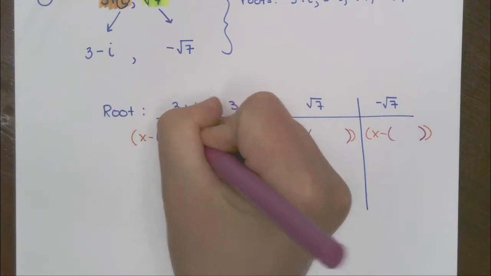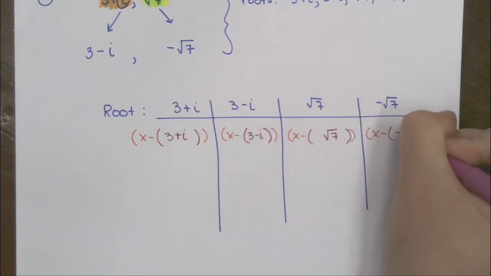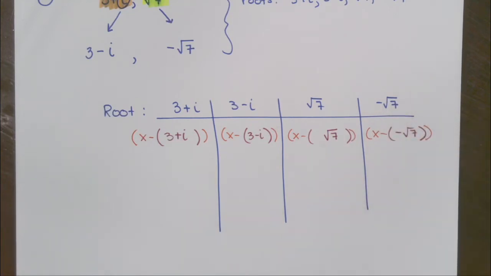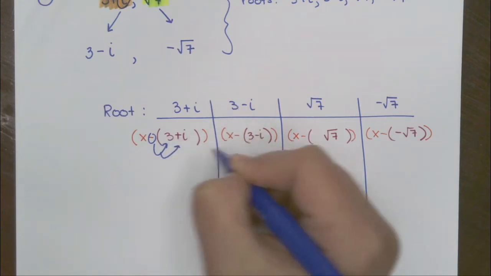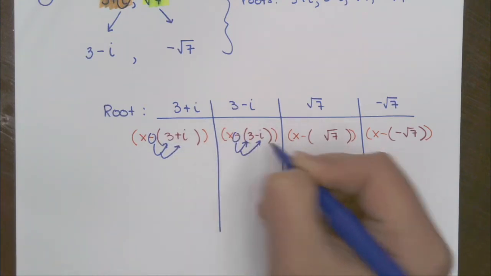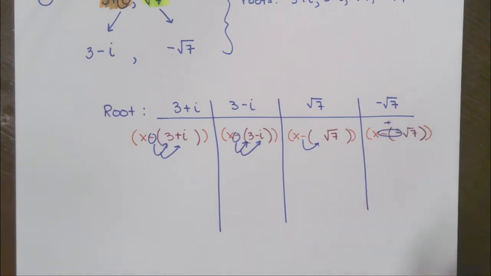3 plus i, 3 minus i, root 7, and negative root 7. This negative gets distributed onto that 3 and i, onto that 3, onto that negative i, onto that 7, and then we got 2 negatives here that make a positive.